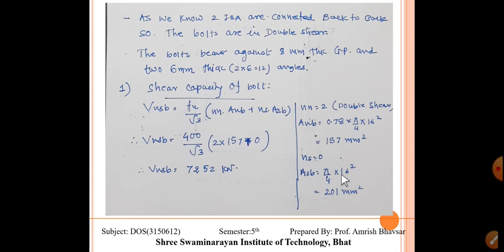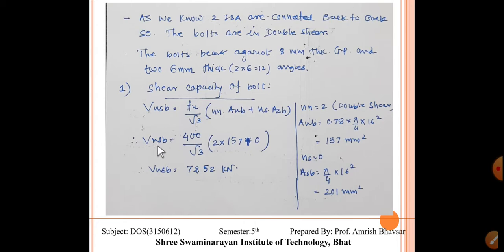Now we put these values in our equation. In this equation we have Fu, the strength of the bolt, which is calculated from the grade of the bolt, and we have the grade of bolt, that is 4.6. So Fu is equal to 400 from that grade.